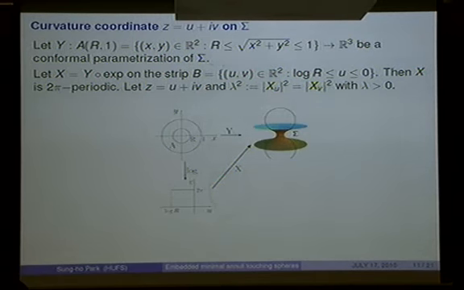Here I have sigma and y is a parametrization. Define x by y followed by the exponential, so x is from the band to sigma. x is 2 pi periodic, and I define z and lambda square with lambda positive.